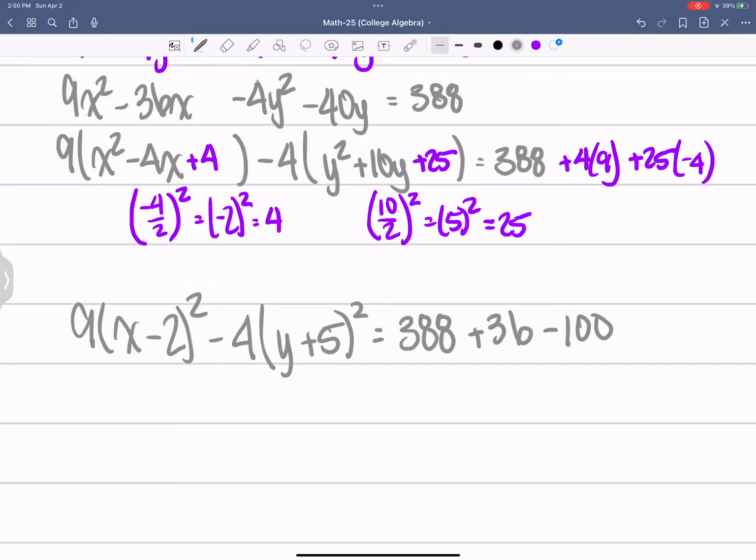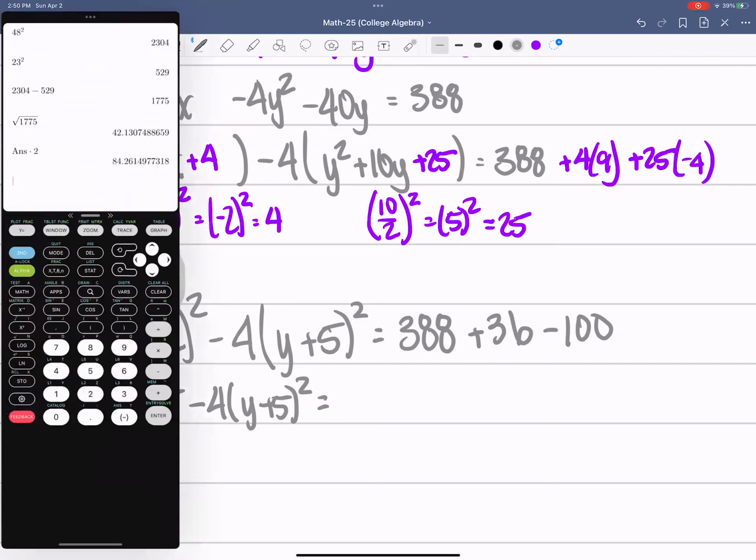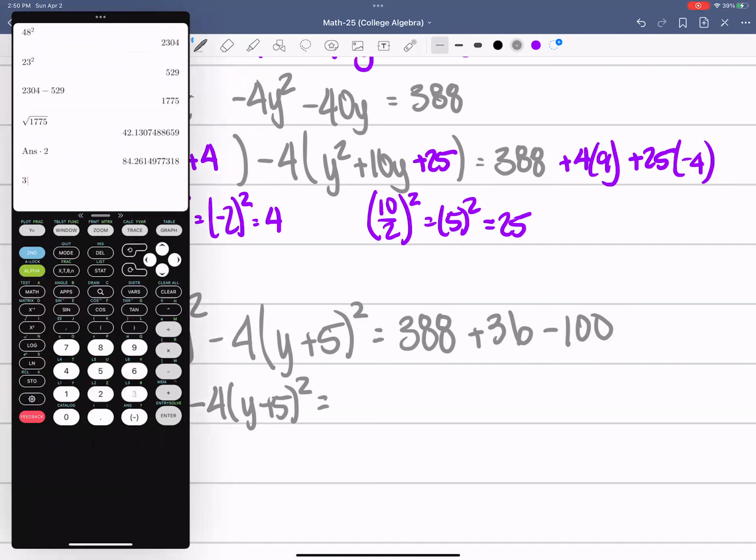Let's simplify that one more time. We have 9(x minus 2) squared minus 4(y plus 5) squared is equal to, let's not try to do this in our heads, I feel like I'm going to end up messing that up. 388 plus 36 minus 100, 324 is what we have.